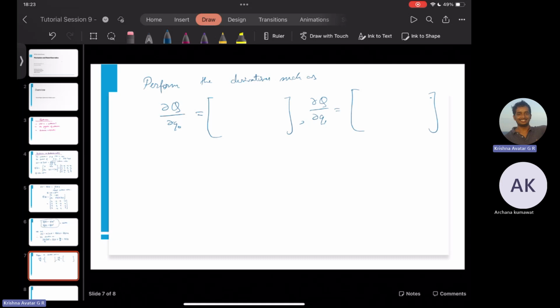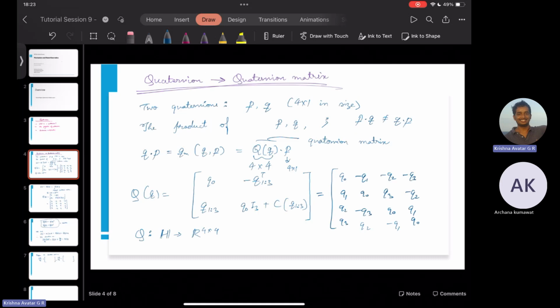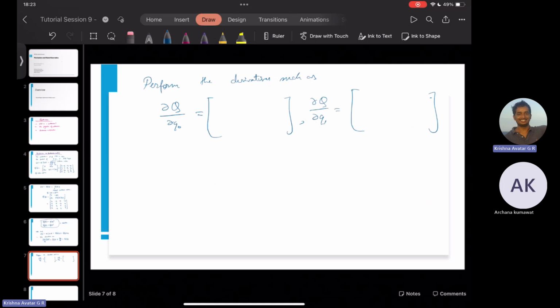Where do we see Q naught? Q naught appears here. In all cases, what we observe is Q naught always appears in the diagonal. Because of which, when we differentiate with respect to Q naught, it will be an identity matrix of order 4. So this is what we get. And likewise, it can be repeated for others as well, right?